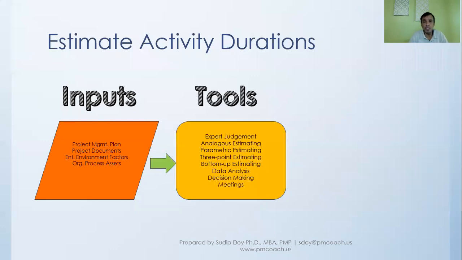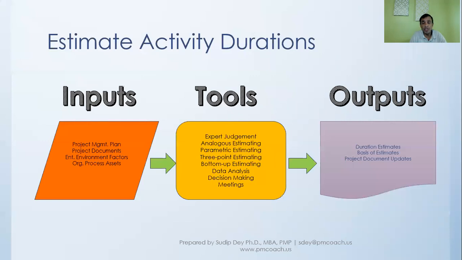This particular process will have different tools. What we are really doing here is finding out durations for these activities. In doing so, we'll use different tools, such as, of course, expert judgment, and then very specific estimating tools like analogous estimating, parametric estimating, 3-point estimating, and so on.